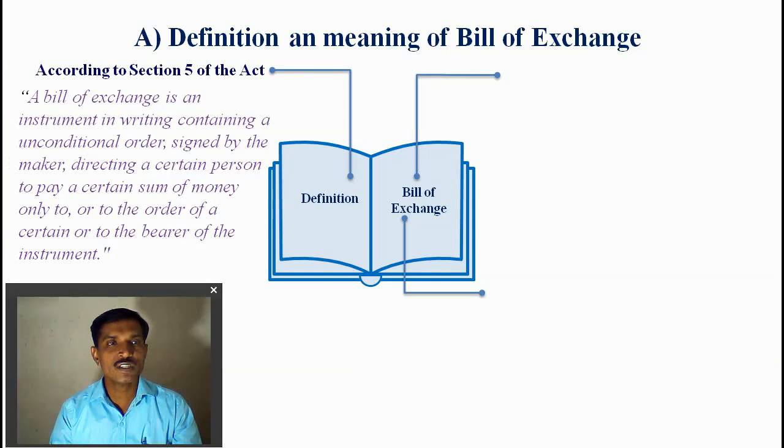A bill of exchange is an instrument in writing containing an unconditional order, signed by the maker, directing a certain person to pay a certain sum of money only to, or to the order of, a certain person or the bearer of the instrument.